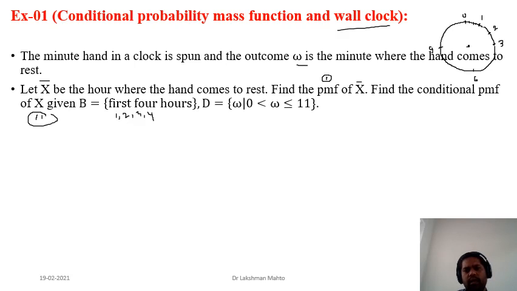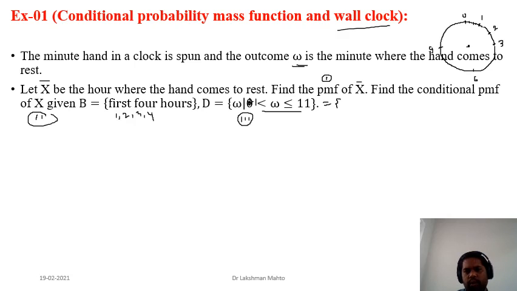And the third problem is that we have to find the conditional PMF of X given D. D is talking about the outcome, where this value is taking values, not 0 here, but 1 to 11. So this omega outcome is dealing with minutes. So D is just counting the stopping position of the minute hand which lies between 1 to 11.